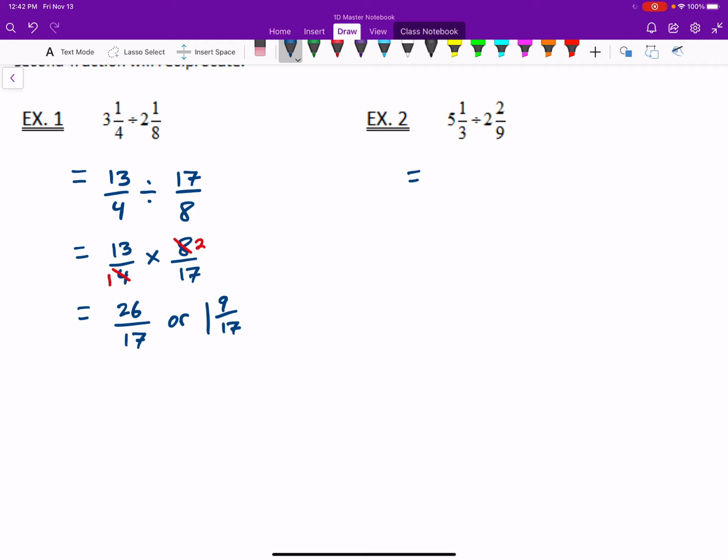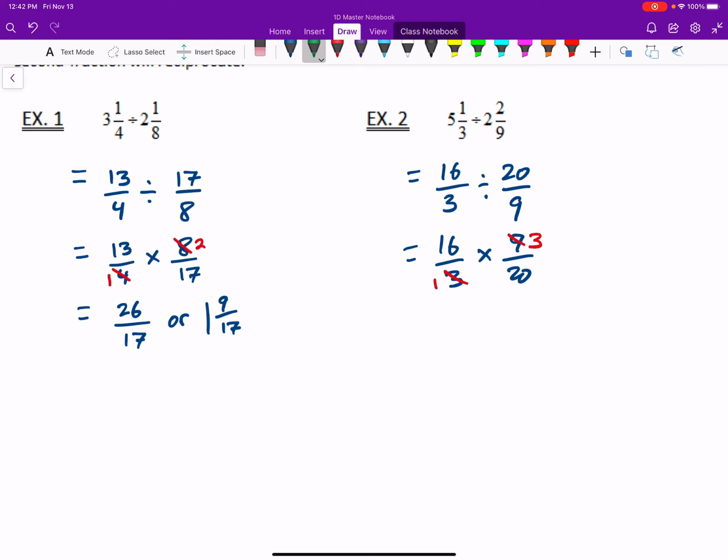5 times 3 is 15, plus 1 is 16, over 3, divided by 2 times 9 is 18, plus 2 is 20, over 9. Flip the second fraction and change it to a multiplication, so it's 9 times 9 over 20. I see something I can reduce. 3 goes into itself once, and 9 3 times.